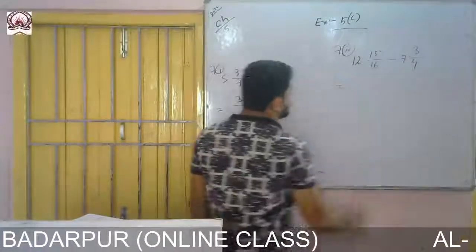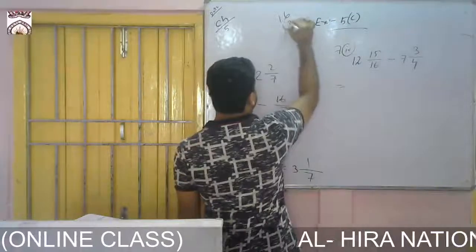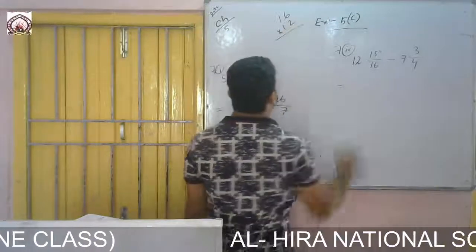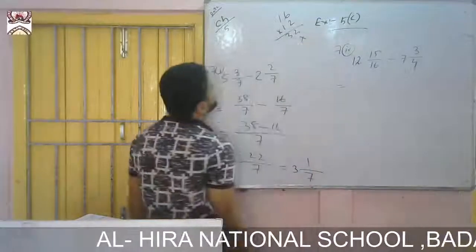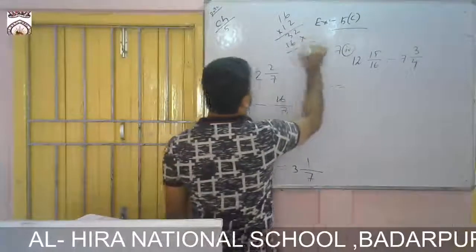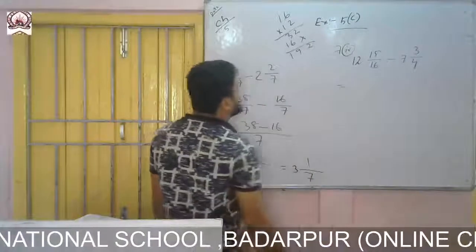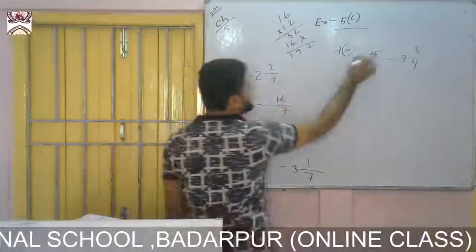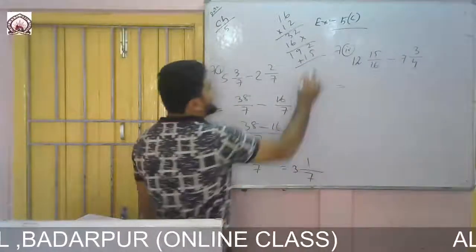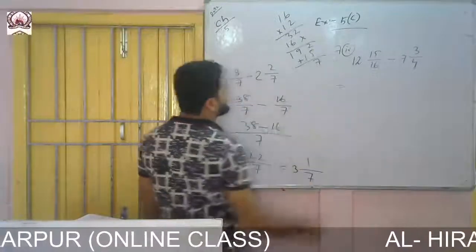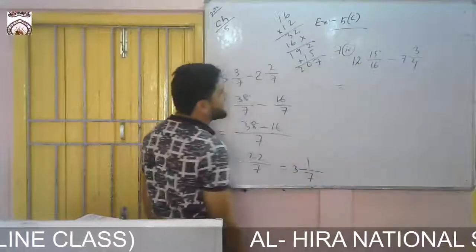Now break it first. 12 into 16, you multiply: 16 into 12. So you are getting 32 and 16, so 192. Now add 15: 5 plus 2 is 7, 9 plus 1 is 10, 0, 1, 2, so 207.